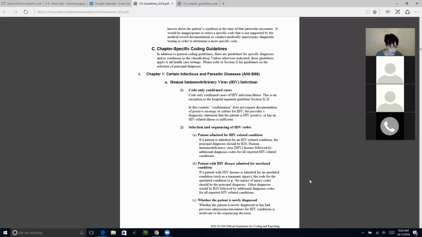So basically, this is telling us 2 things. First, if the patient is admitted for an HIV-related condition, right away that's going to change the HIV code. There are 2 HIV codes, and we'll get into the difference between those in just a moment. But for B20, that's confirmed HIV. And so we would sequence our B20 first, followed by any additional codes for reported HIV illness.